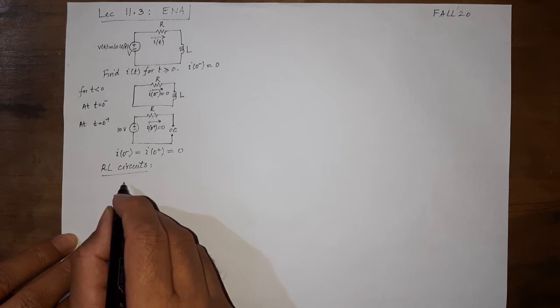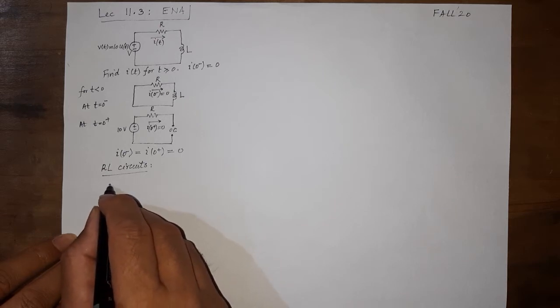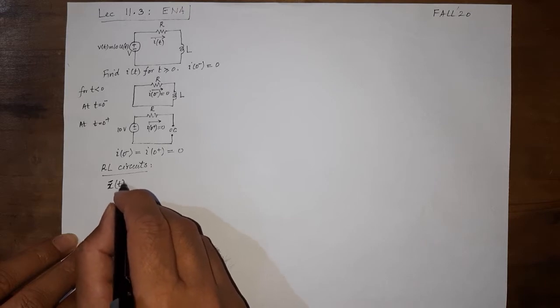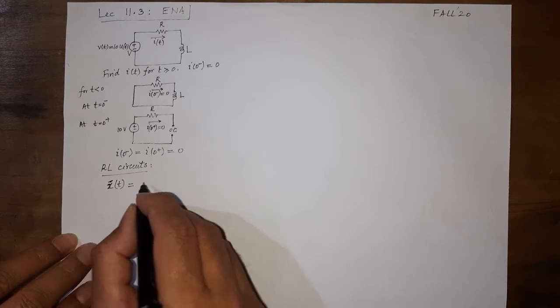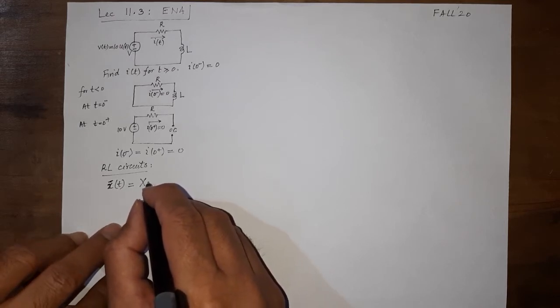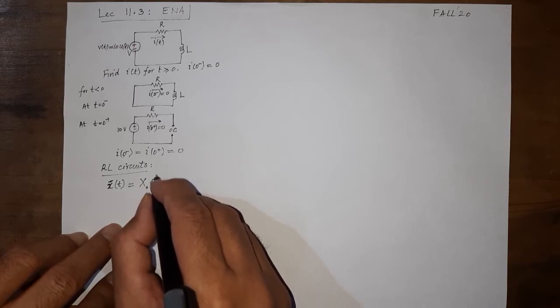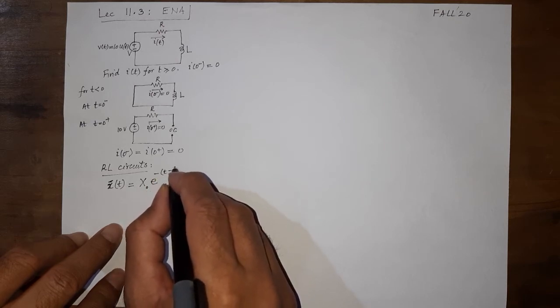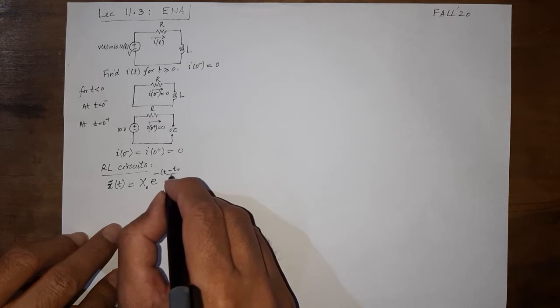And the formula, if you remember, was that whatever you want to find, let me write it as x(t) initially. It's not the derivative of x, it is x(t). That would be equal to x naught, the initial value of x, that is at t equal to 0 plus, e raised to the power minus (t minus t naught) over tau.